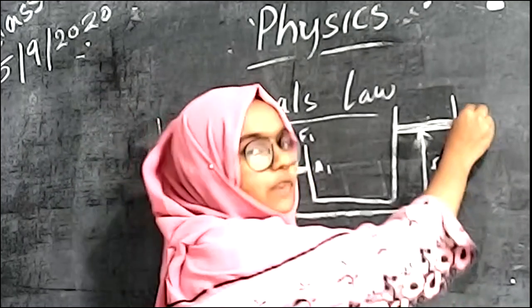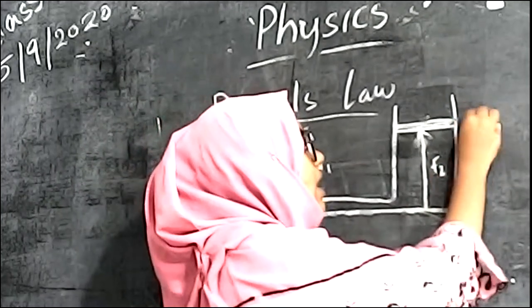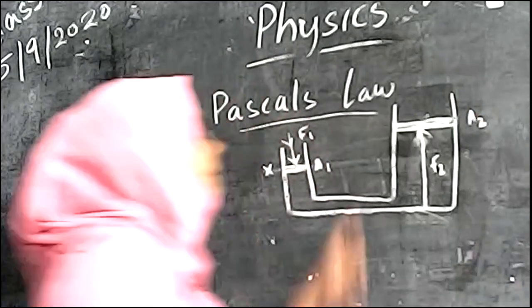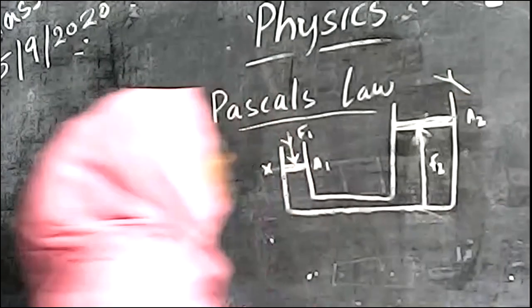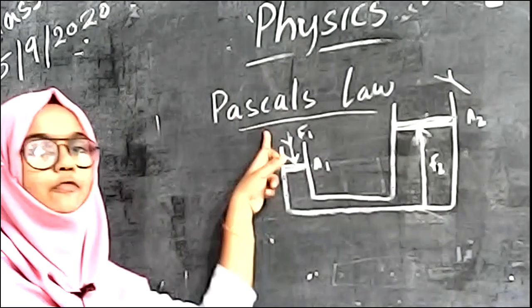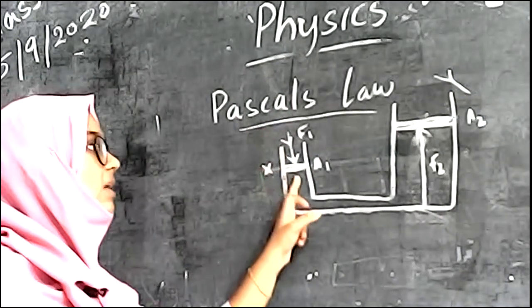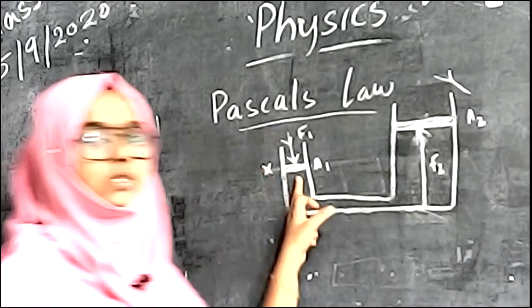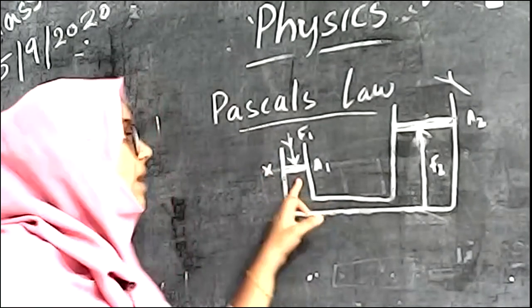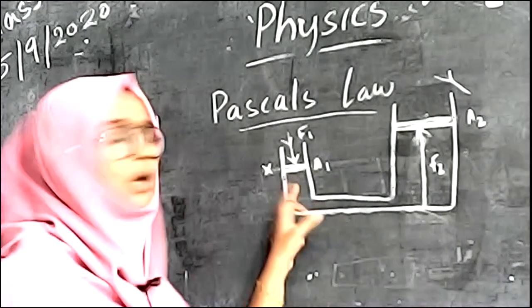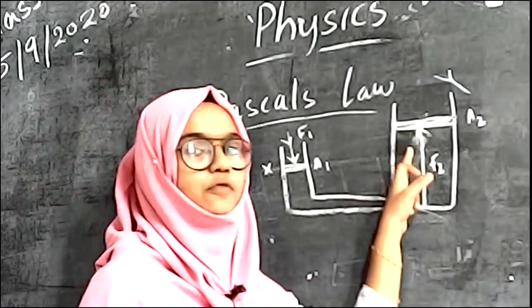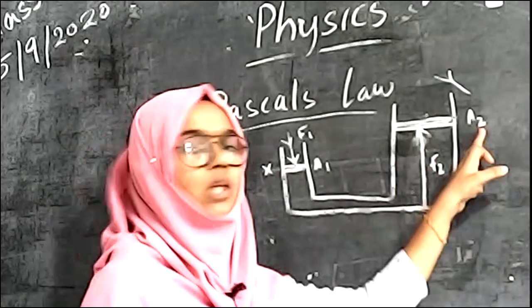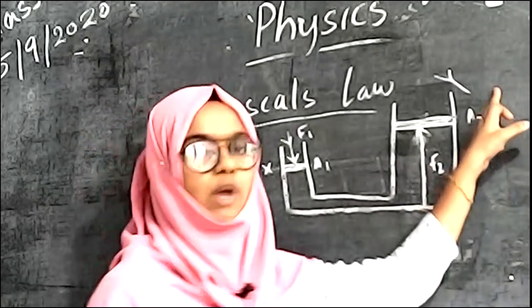The area of cross section is taken as A2 and this portion is considered as Y. So here F1 force is applied to this piston X, area of cross section A1, and it makes a force experienced here, F2, area of cross section A2, and the piston Y.